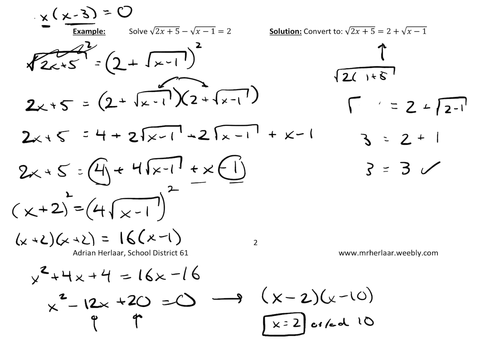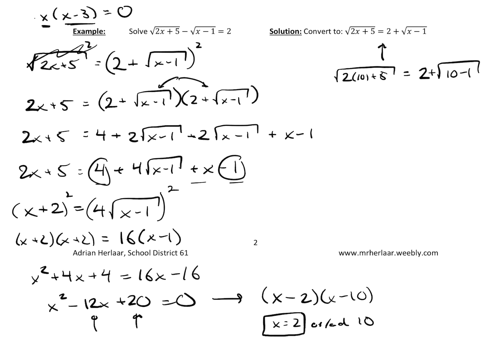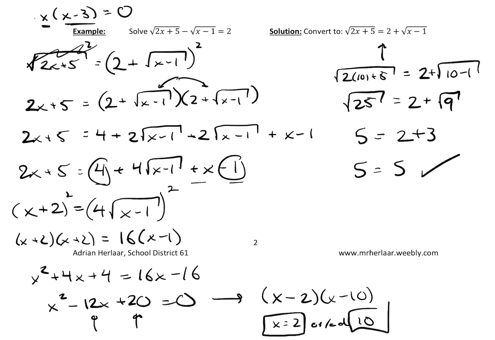And then we just got to check again with 10. It's not always going to cancel out. Sometimes it'll work for both. So we get root 25 should be equal to 2 plus root 9. 5 equals 2 plus 3. 5 equals 5. Yes. So both of those are allowed.